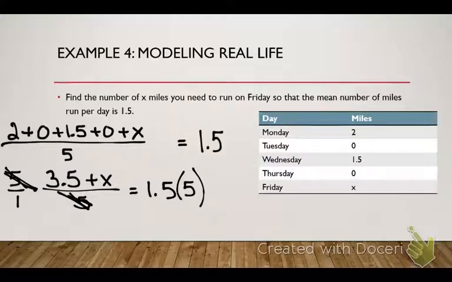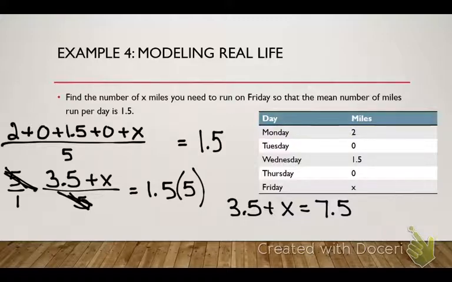Okay, I'm left with 3.5 plus x equals, and I heard it, Mason, what was it? What's 1.5 times 5? 7.5.